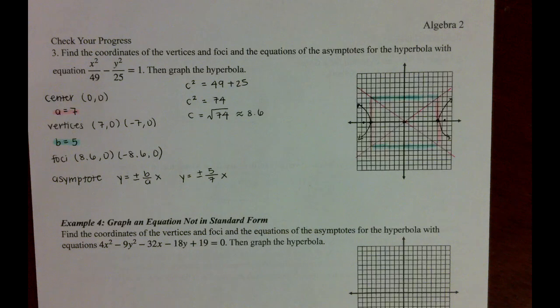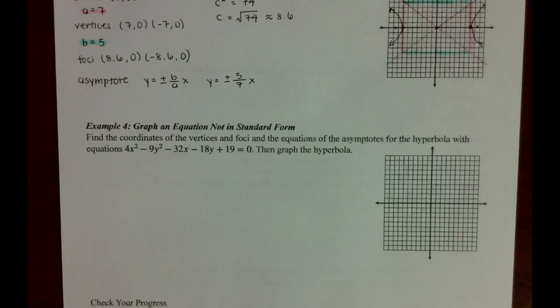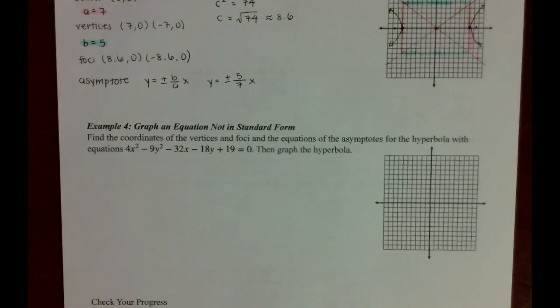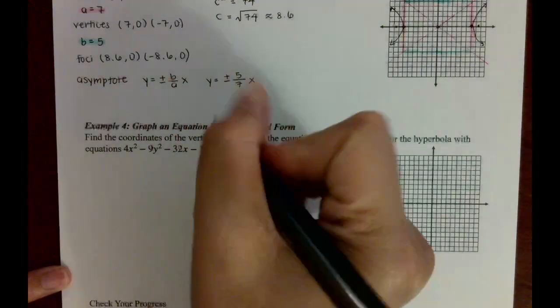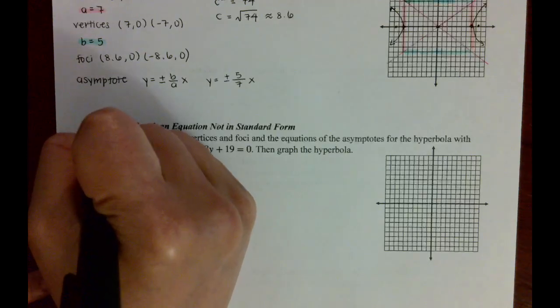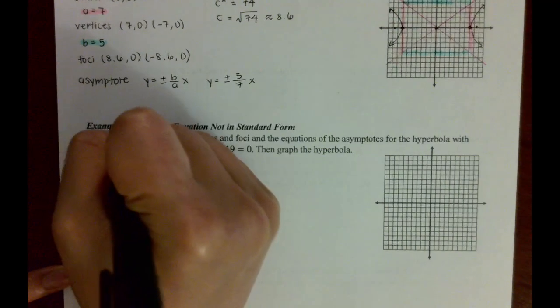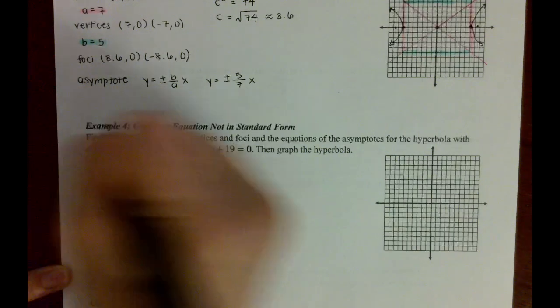Okay, so now we're going to move on to our last example here, where we're going to find the coordinates of the vertices and foci and the equation of the asymptotes for a hyperbola. Okay, so again, I'm going to start off by grouping my x's and my y's. So 4x squared minus 32x, right?